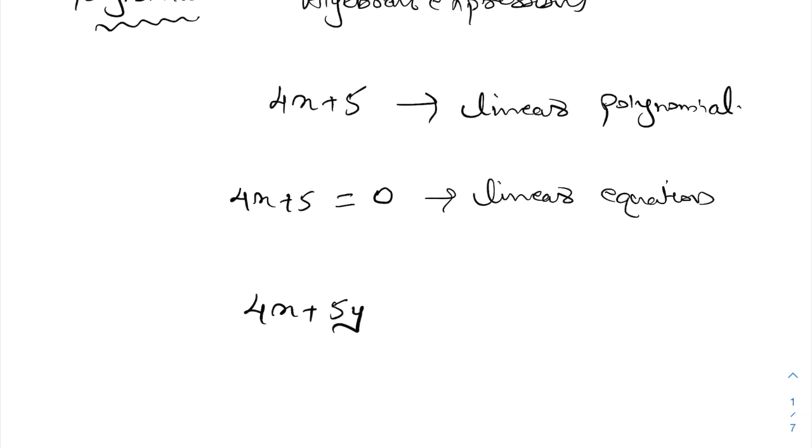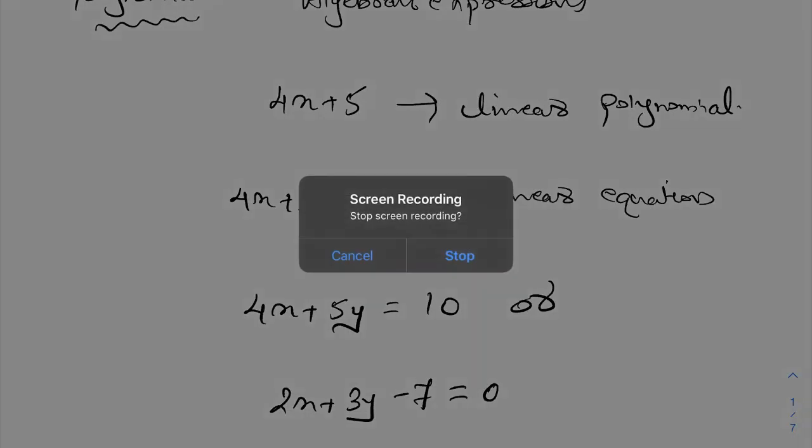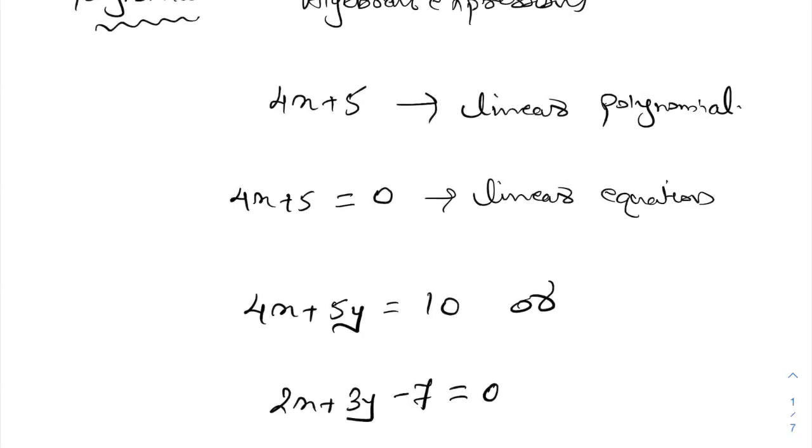4x plus 5y equals 10, or 2x plus 3y minus 7 equals 0. These two are linear equations with two variables. Here it can be seen that x is one variable, y is another variable, so this is an equation in which two variables are present.